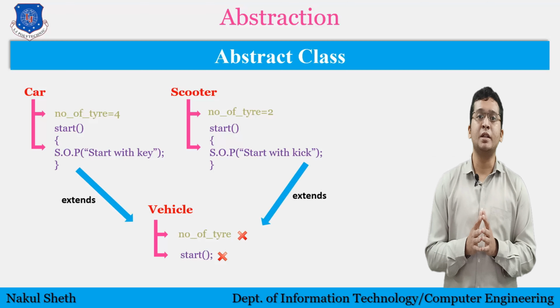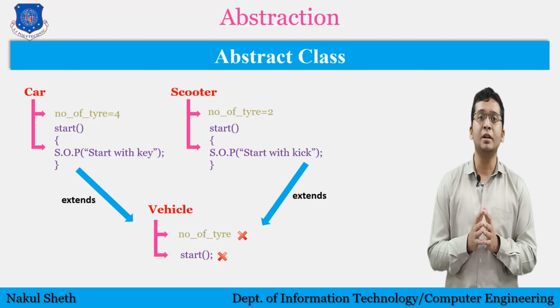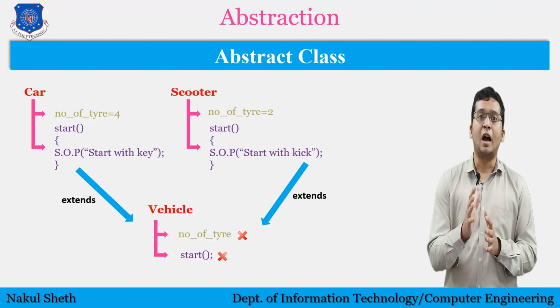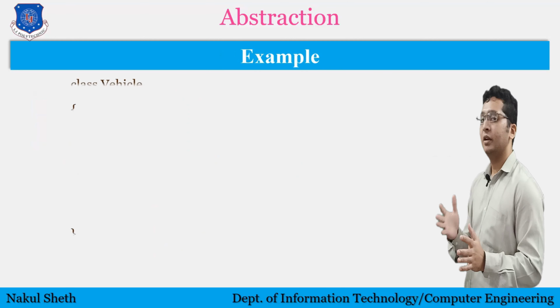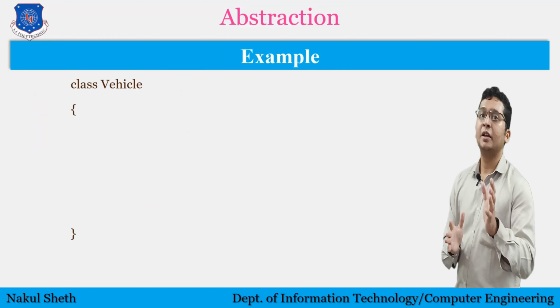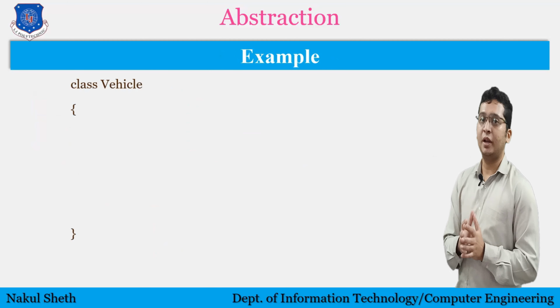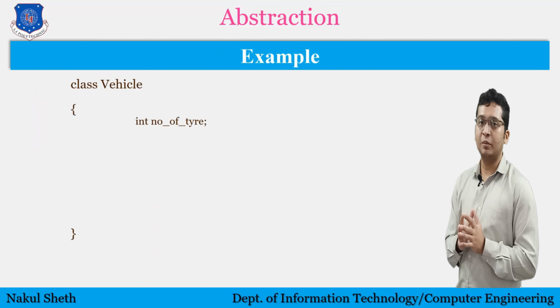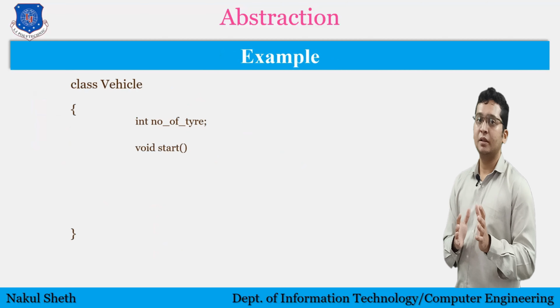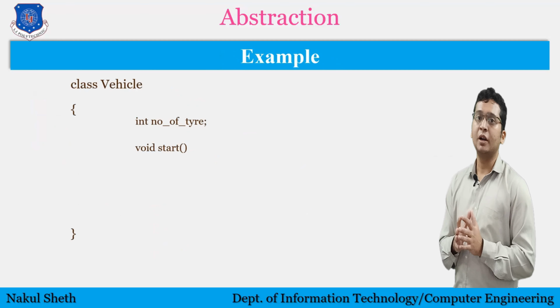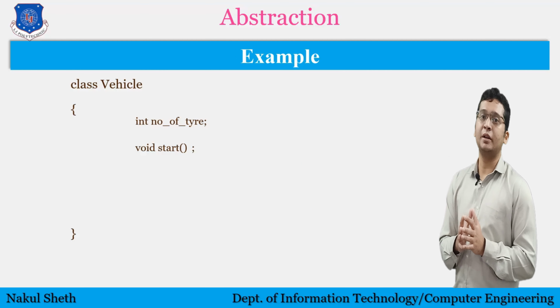Now the question is how to create an abstract method and abstract class in Java. First, I am going to create a class over here, that is the vehicle class, and in that class I am going to create an integer variable. Then I am going to create a method that is void start, but I haven't provided its body part here.